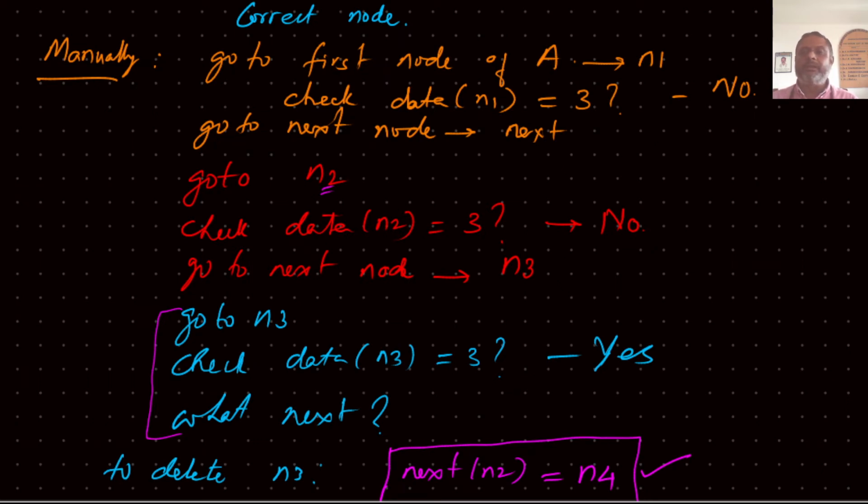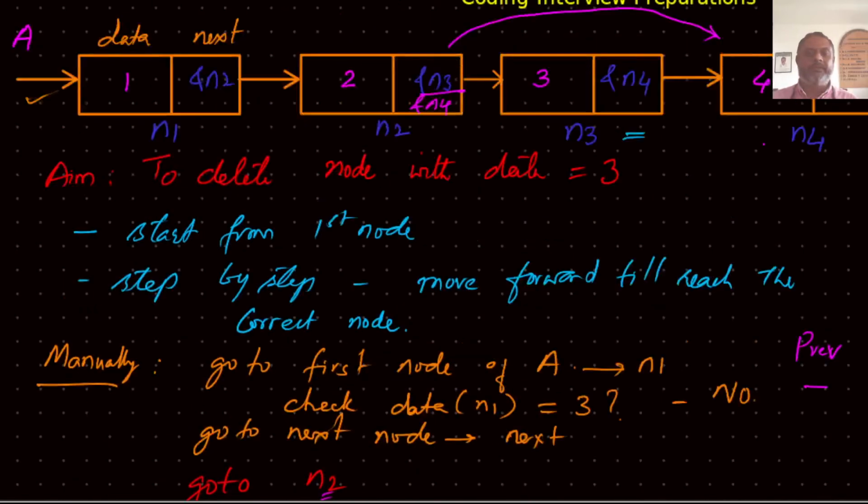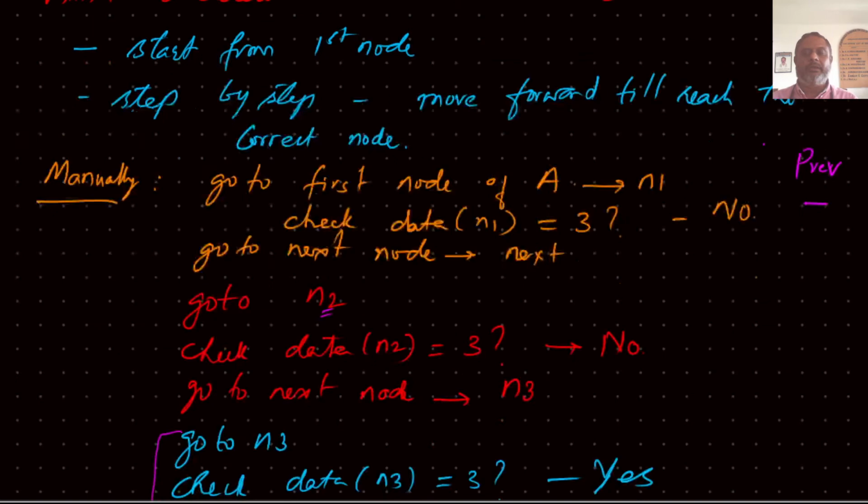At N1, we do the checking and realize that this is not the node we wanted, and we need to go to the next one. When we go to the next one, it is very simple. We were at N1, we wanted to go to the next one, and the address of the next one is already known. Using that, we go to N2.